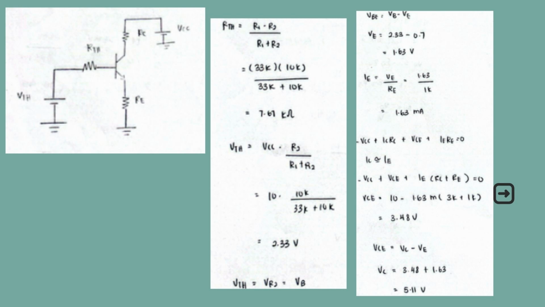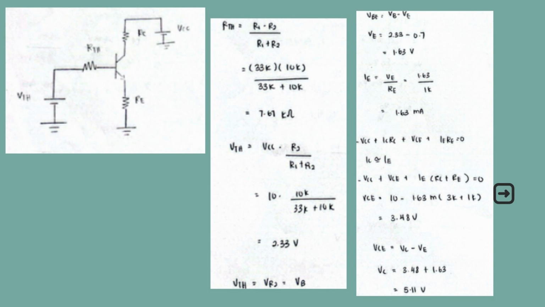To find VE, we will use the equation VBE equals VB minus VE. As we know, VBE is 0.7. So we derive back VE equals 2.33 minus 0.7, and the answer is 1.63.